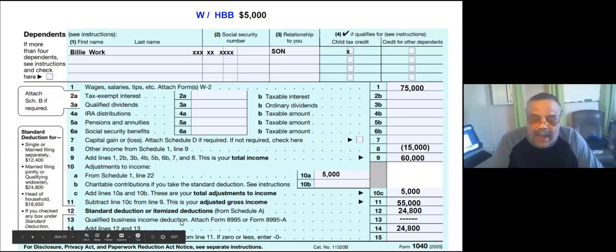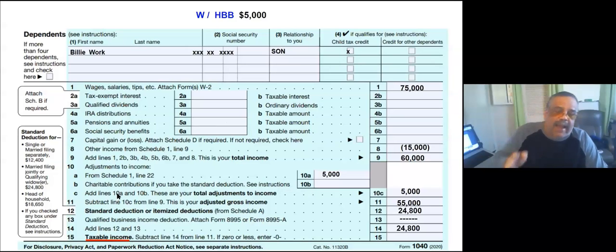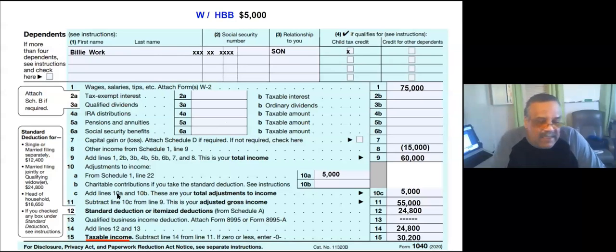There were no qualified business deductions, so on line 13, you put the 0 there. So you add up lines 12 and 14. Okay, so that's $24,800 that you're now going to subtract on line 15. This is your taxable income. It says subtract line 14 from line 11. Your taxable income is now $30,200.